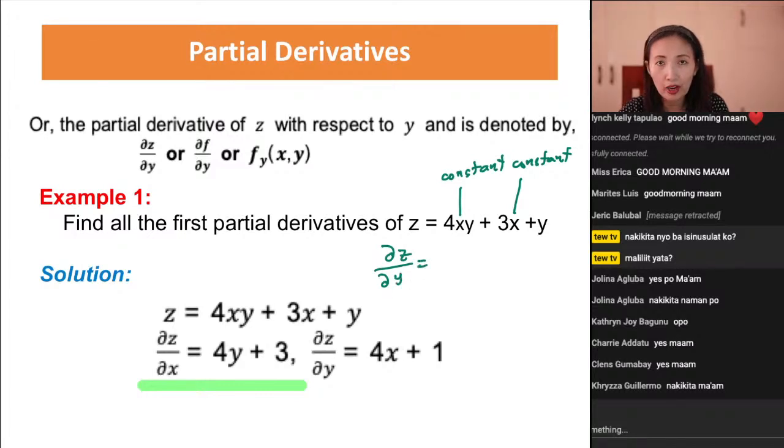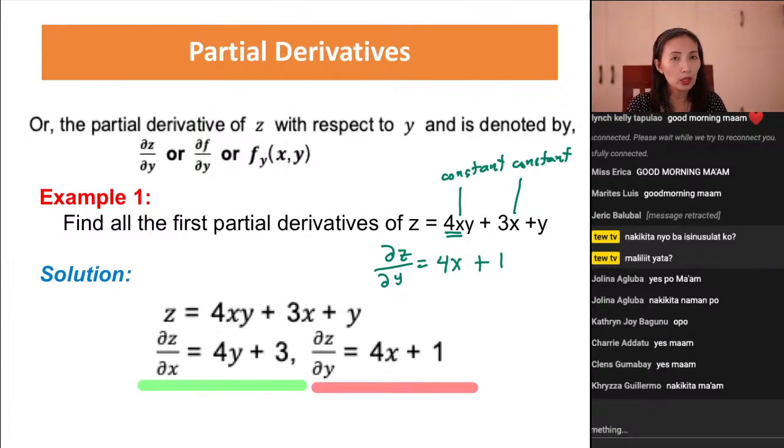So, the derivative of y is 1 times 4x is 4x, plus the derivative of 3x, so 3x will be a constant. The derivative of a constant is 0. And the derivative of y with respect to y is 1. So, plus 1. And that's it. The partial derivative of z with respect to y is 4x plus 1.